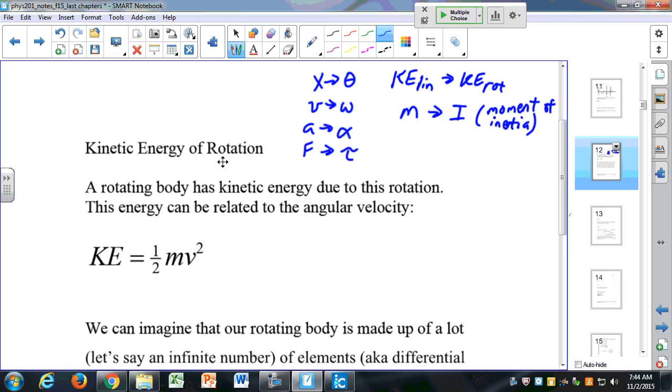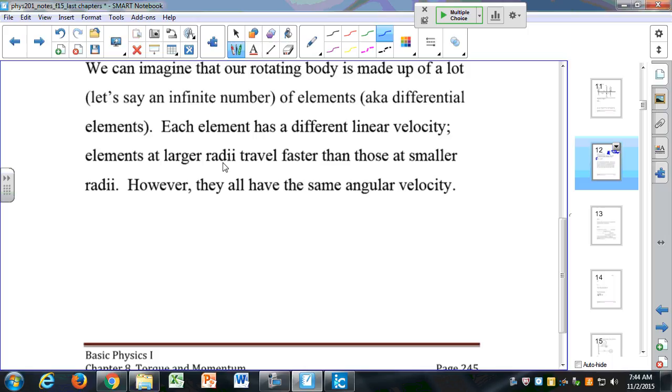If you remember, our kinetic energy was 1/2 mv squared. So we can think of a body that's made up of a bunch of different elements. Let's say that we have a disk, rotating about this direction, and we can break it up into a bunch of little pieces.